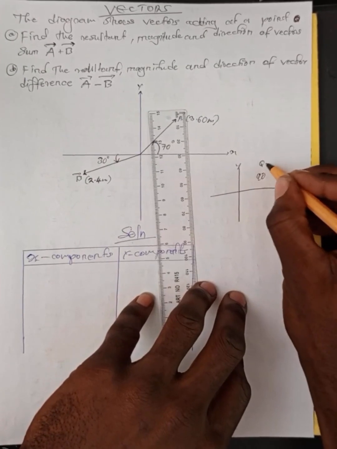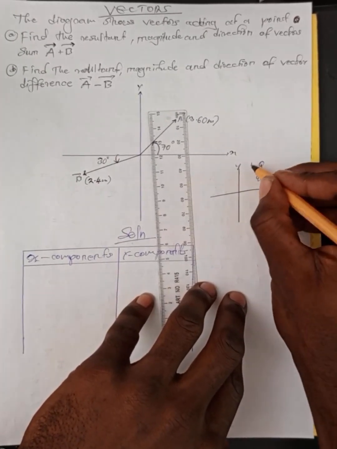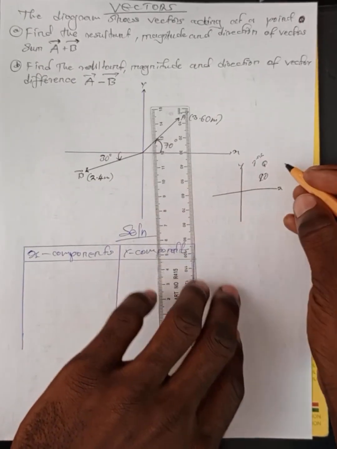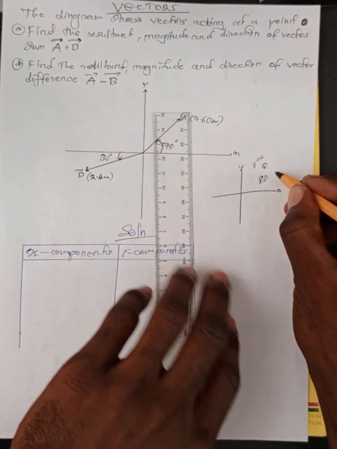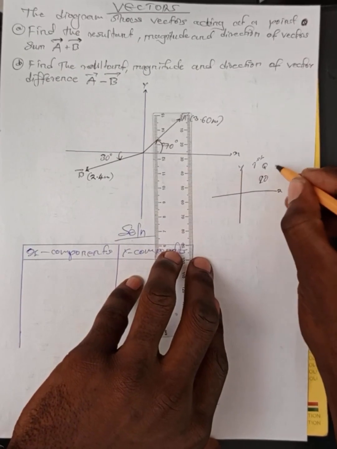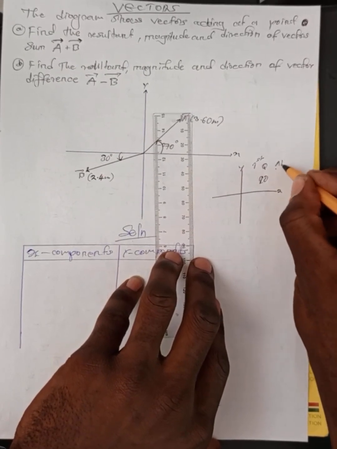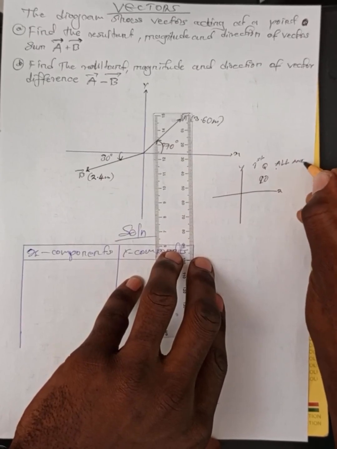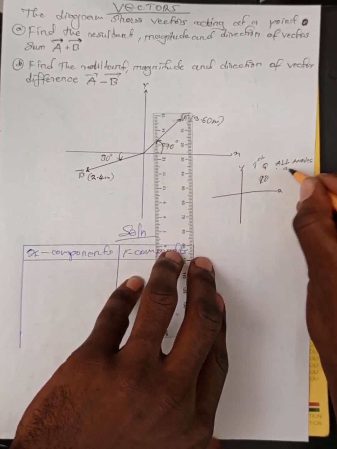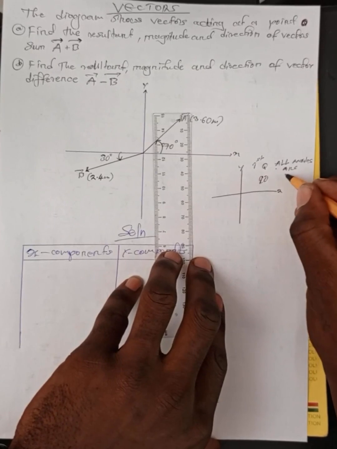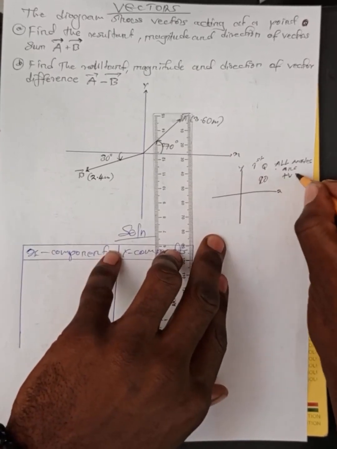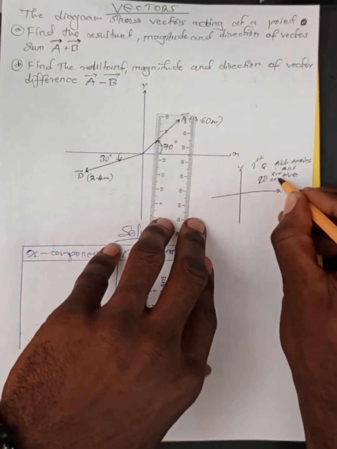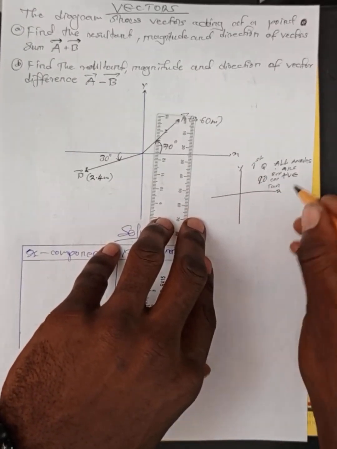In the first quadrant all angles are positive, meaning sine, cos, and tan are positive.